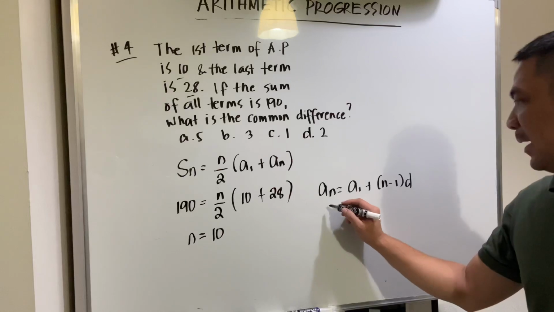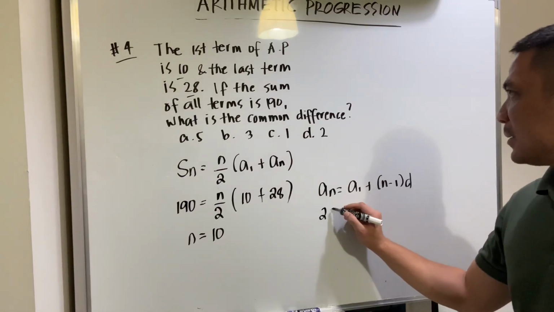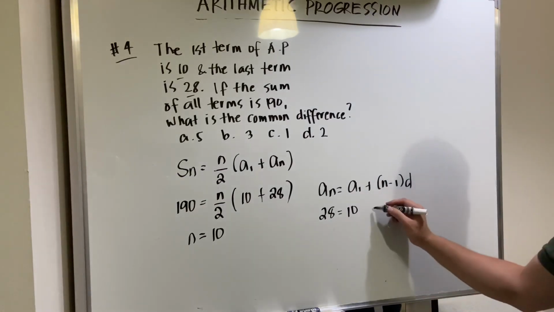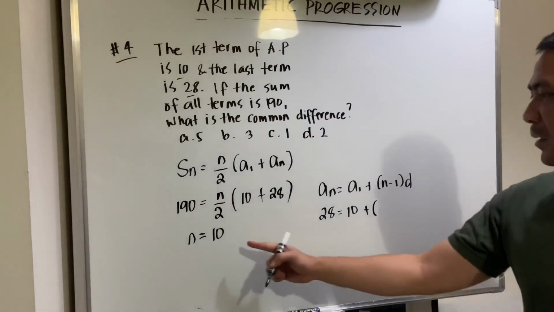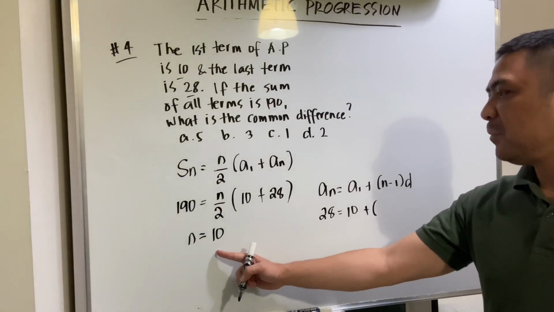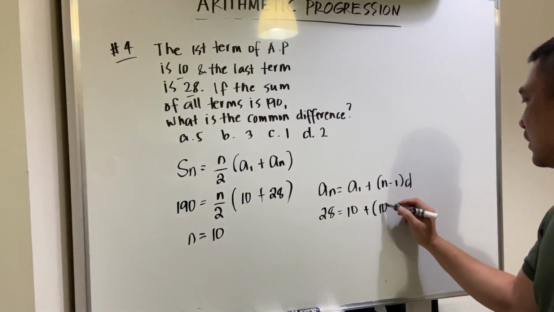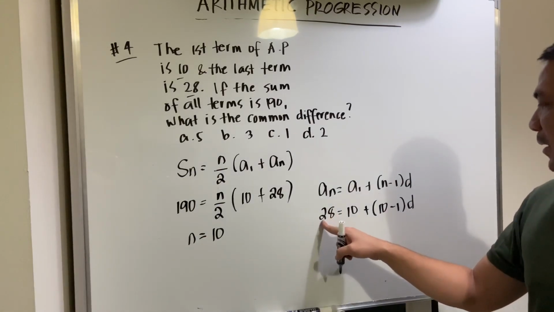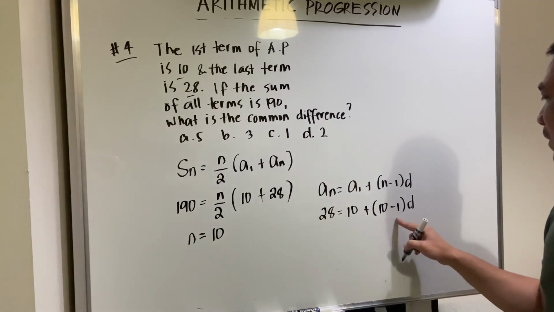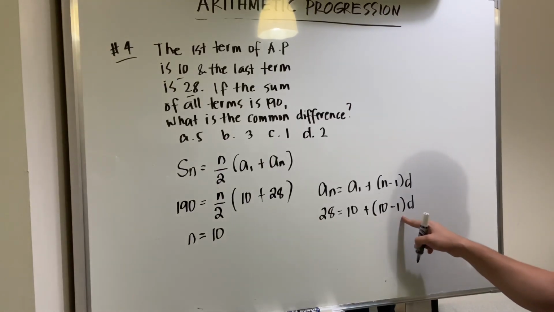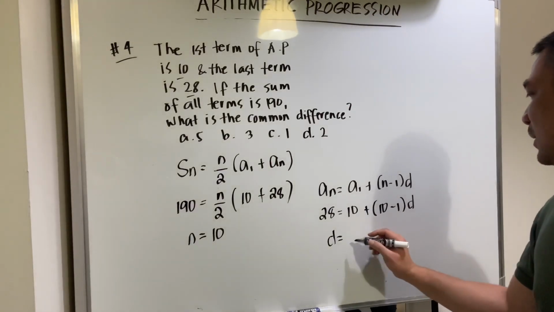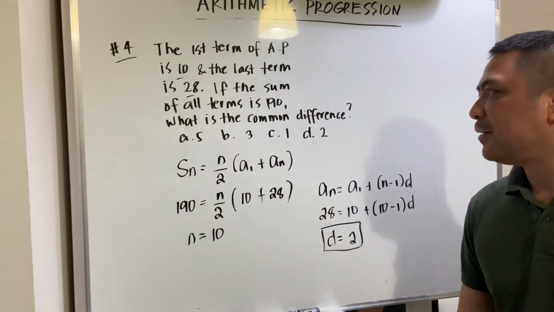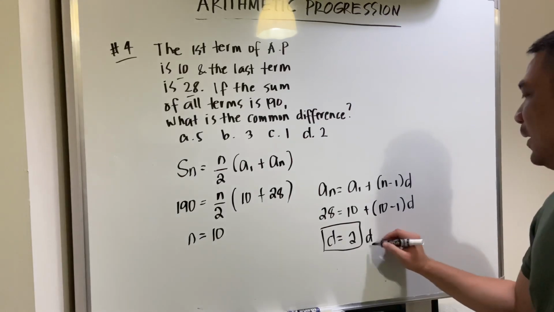So if I have here 28 as the last term and 10 is the first term, okay, then we got the number of terms to be 10, so 10 minus 1 times d. So therefore that is 18. So 18 divided by 9, which is 10 minus 1. So the common difference now is equal to 2. So in this case, our answer is letter D.